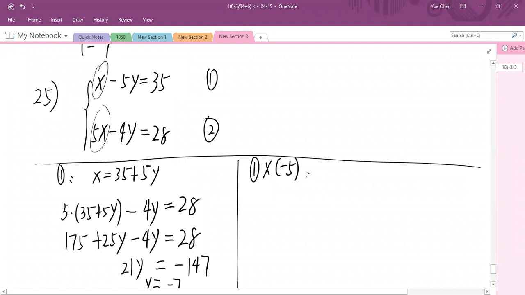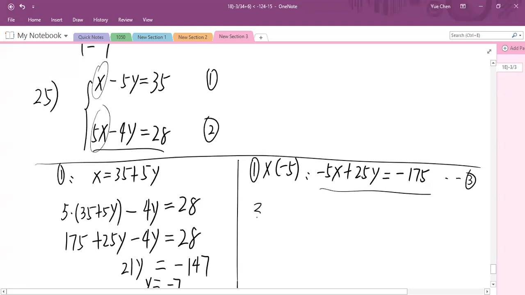So it would be -5x plus 25y equals -175. Then you add these two equations up. The x terms add up to 0 here.